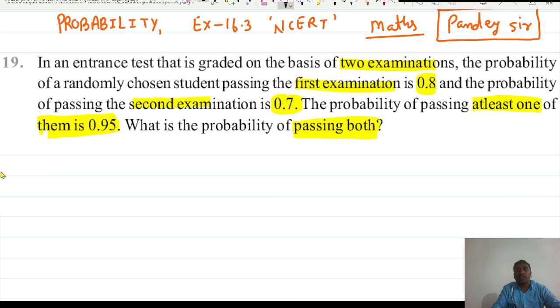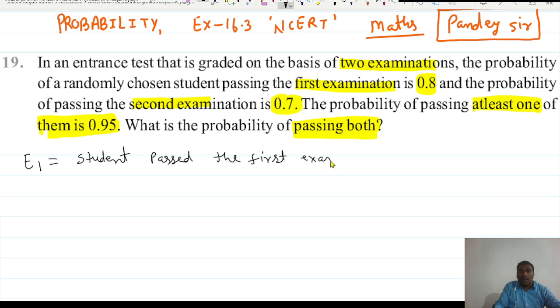Let us suppose we make an event. Let E1 be the event that a student passed the first exam, and it is given to us that P(E1) is 0.8.